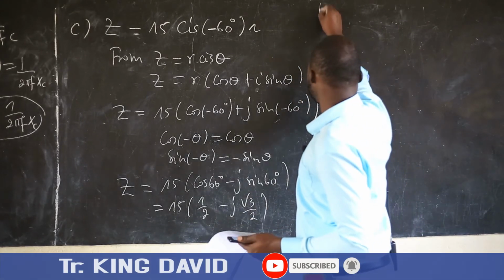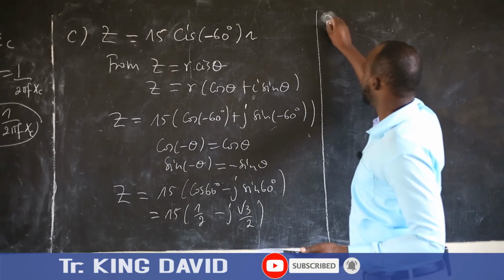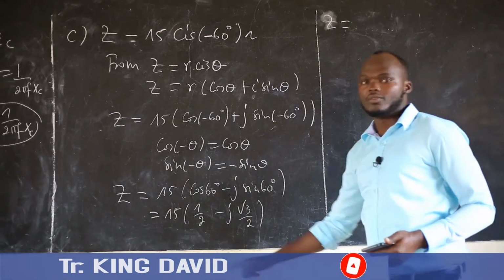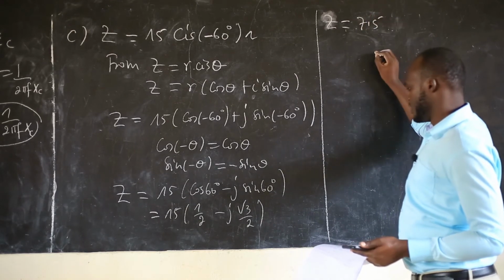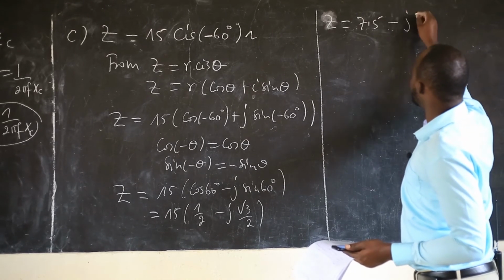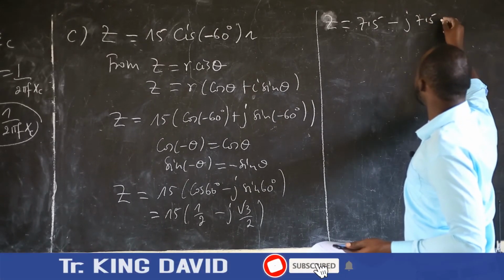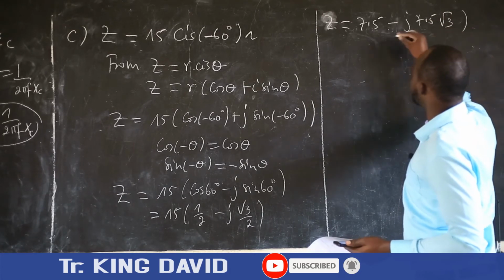So finally, our Z equals 15 times a half, that is 7.5, minus j 7.5 root 3, ohm.